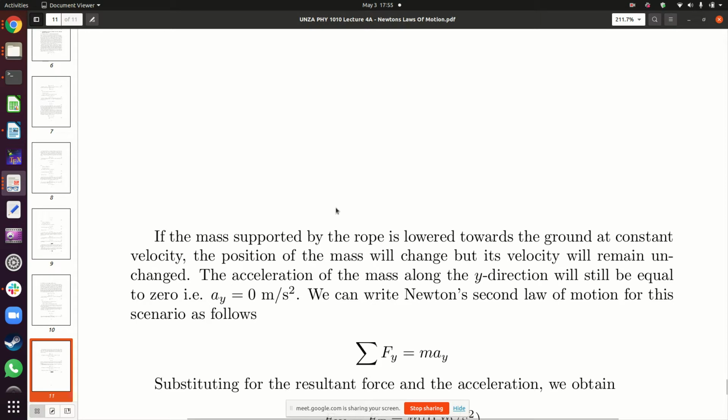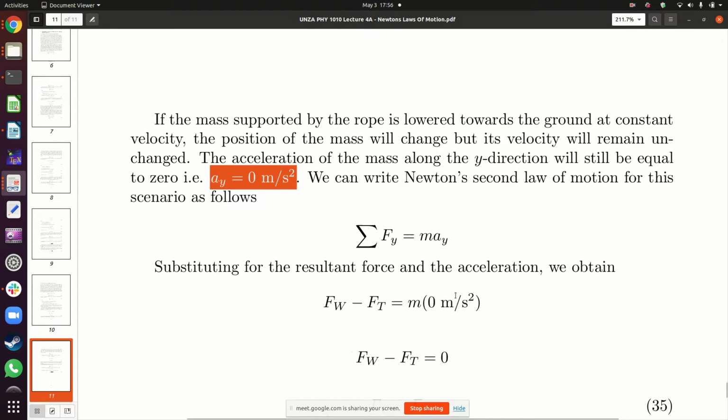This elevator is a box you get in, and that box has weight. There is the actual weight of the elevator, and also the weight of the people inside it. Then there are cables pulling the elevator up and down. So if you move your mass, the elevator in this case, up or down at constant velocity, then the acceleration is also going to be 0 meters per second squared.